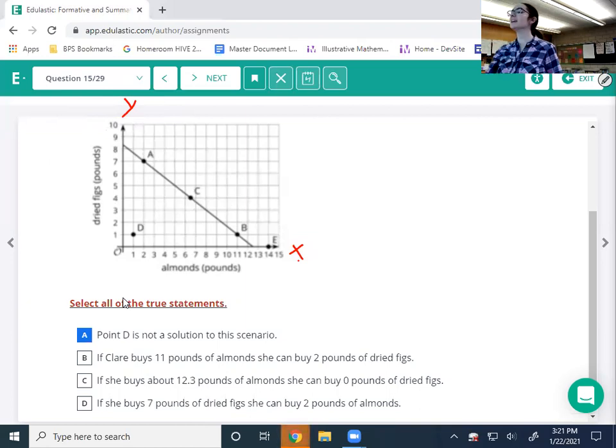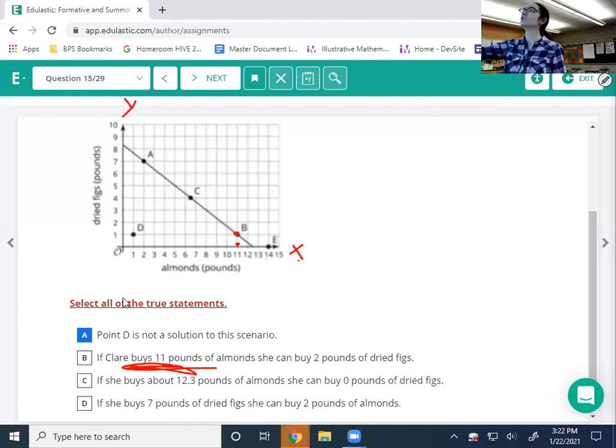So that means on the x-axis, you're going to look for what number for letter B here? 11 pounds, it looks like. Good. So we're going to go over to 11. And when we go over to 11, if we follow it up to where it hits the line here, does it hit at 2 pounds of dried figs? No, it hits 1 pound. Exactly. So that's not a true statement.